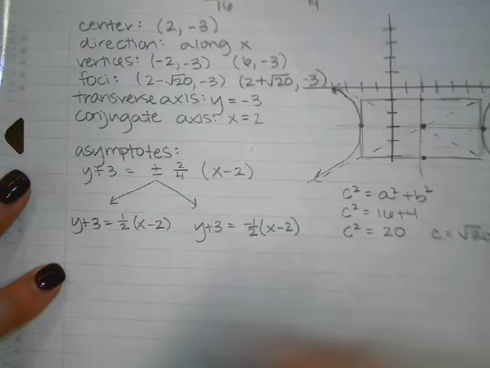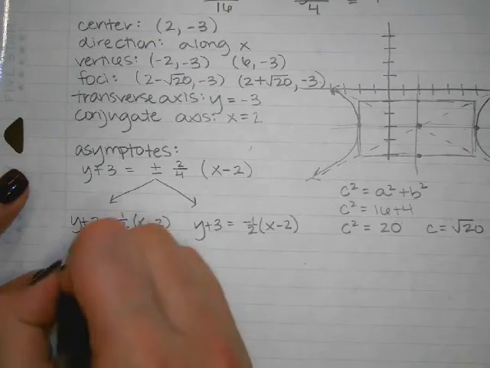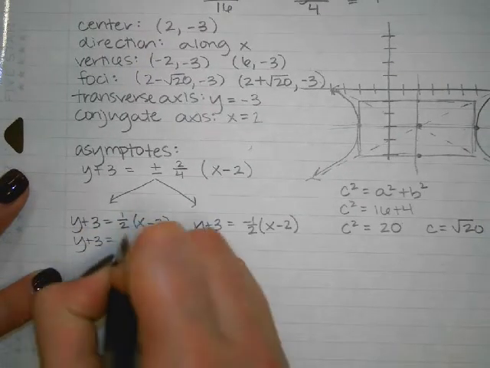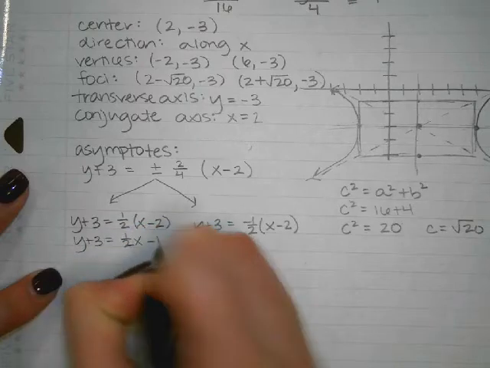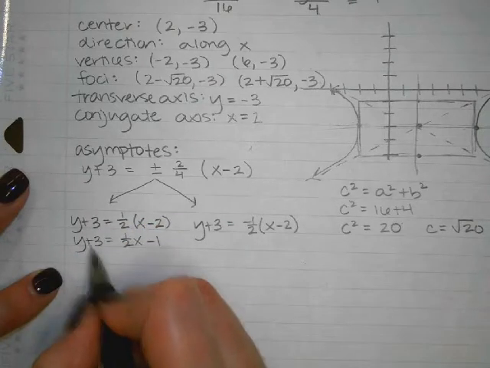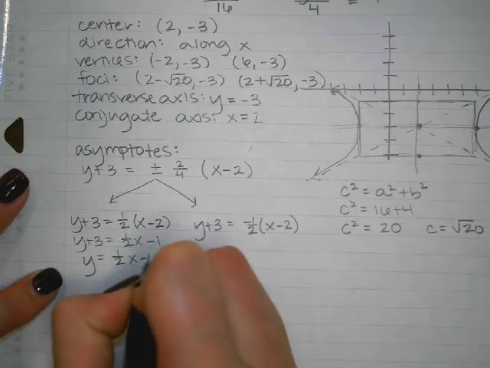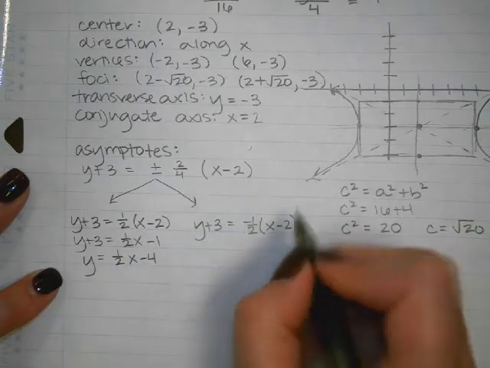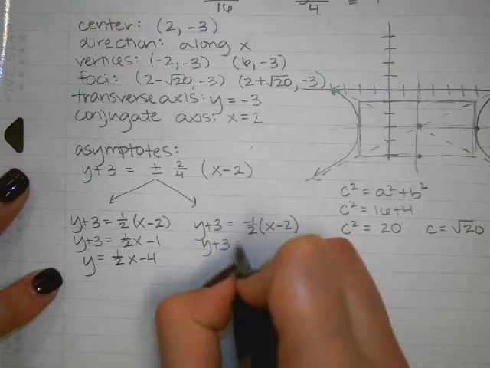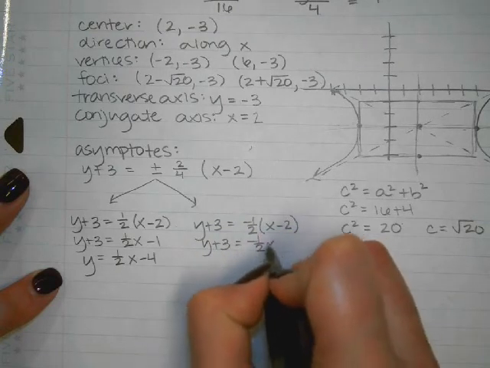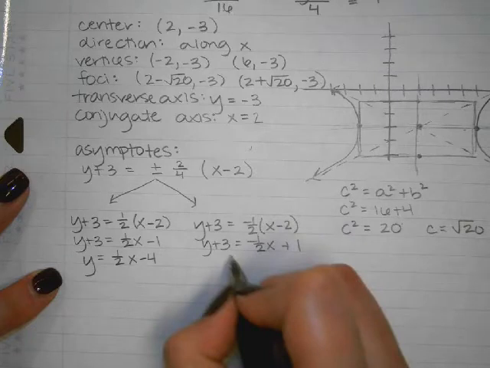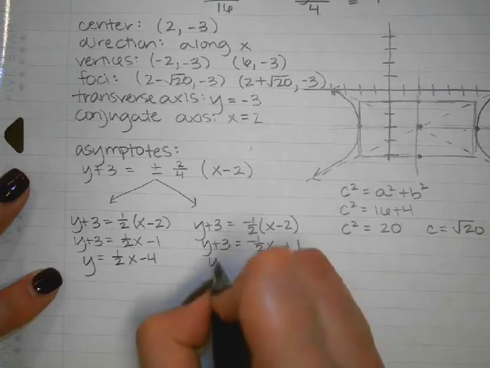Okay, so 1/2, I'm going to go ahead and distribute that 1/2. 1/2 x minus 1, and then I can subtract the 3 over. Positive 1/2 x minus 4. And then negative 1/2, when I multiply it, is negative 1/2 x plus 1. And then I'll go ahead and subtract the 3 over.